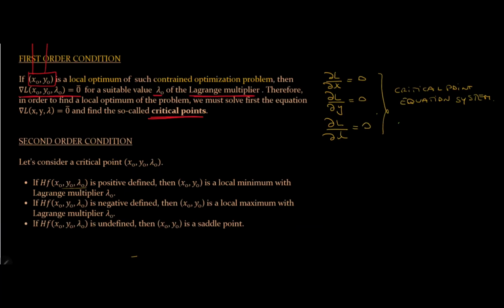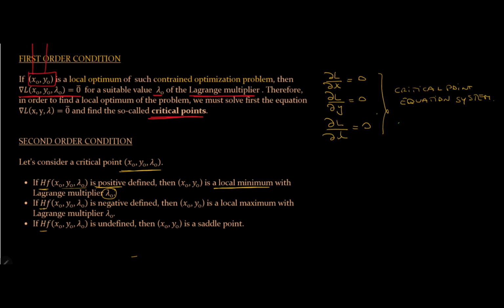In the second order condition, now we calculate the Hessian matrix of the original function f, and we substitute our critical point. And as with the unconstrained problems, if the Hessian matrix is positive, then we have a local minimum with Lagrange multiplier lambda.